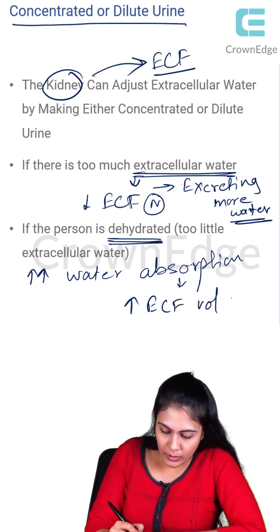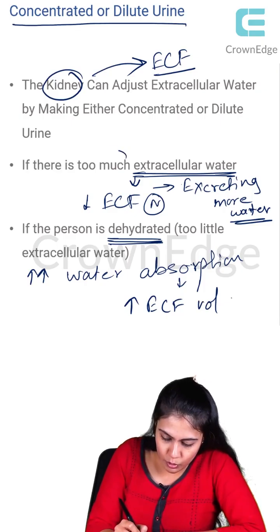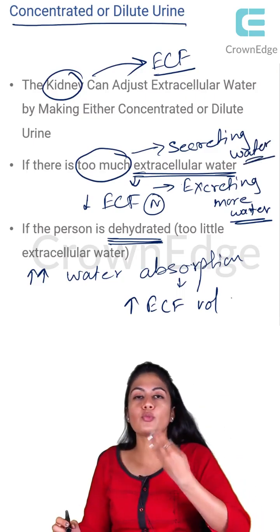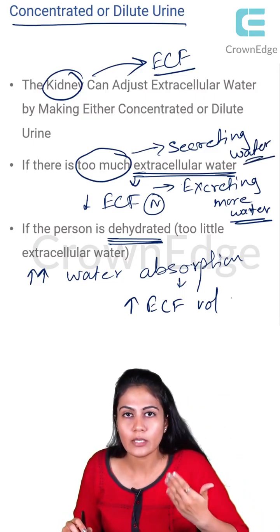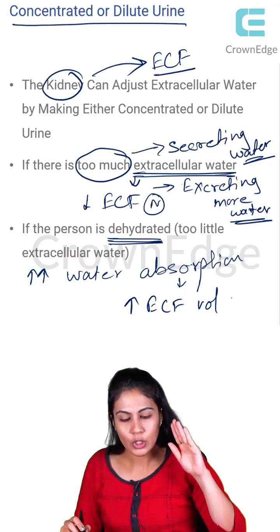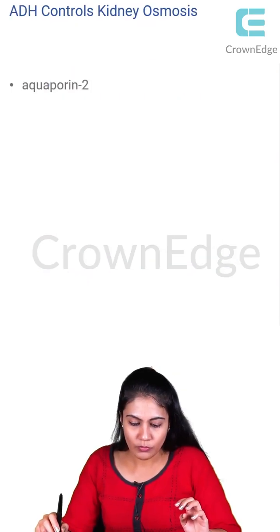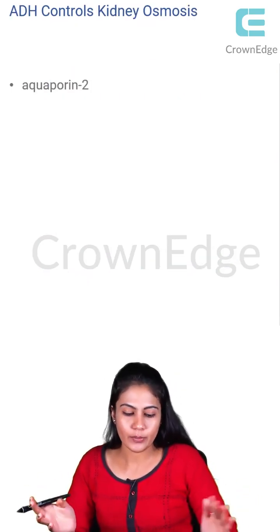And over here, when there was too much water, we were excreting much more water into the urine, so the volume will be low. So that's how they maintain the volume, by concentrating or diluting the urine.